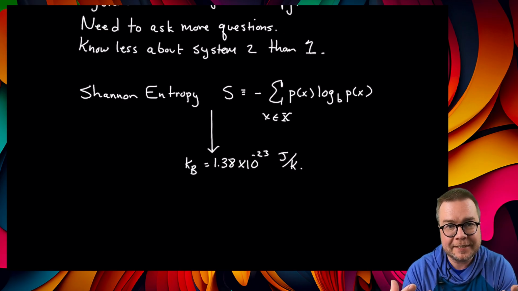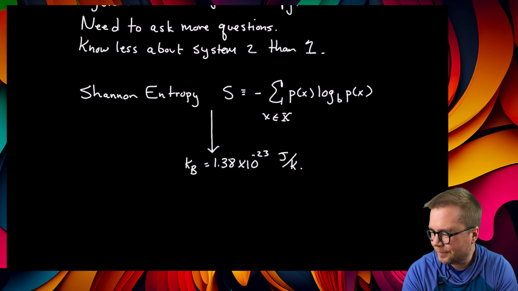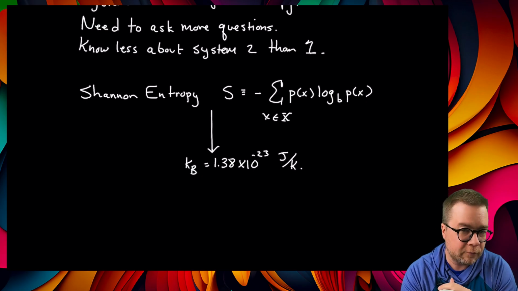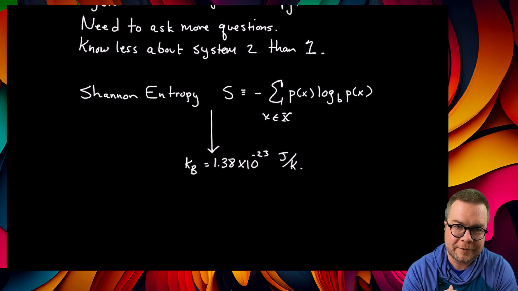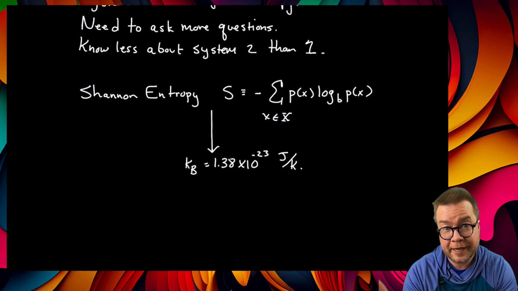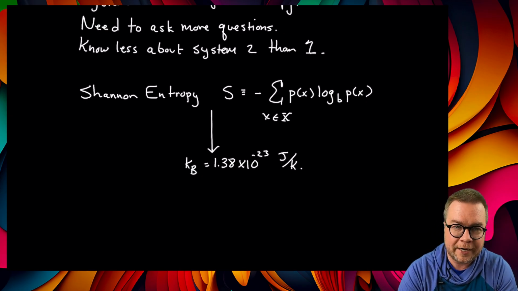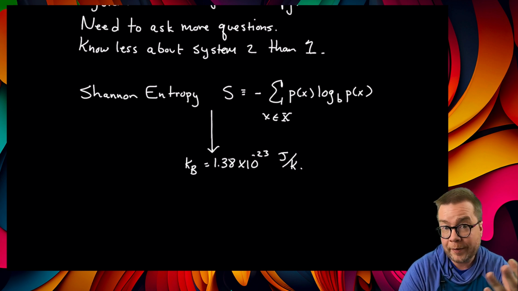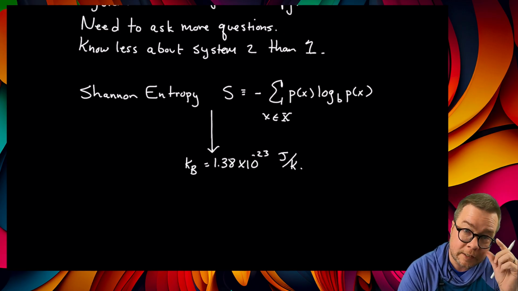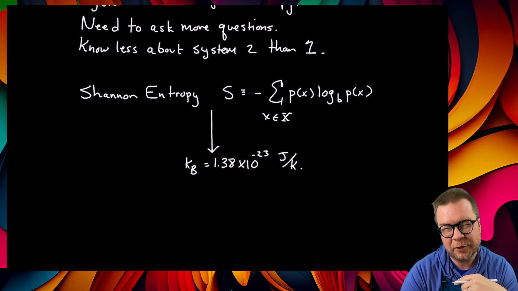And in some sense, this is an unlucky choice. Maybe not unlucky, but it's the result of the units that we're using, the result of the SI units that we use. So if we were an alien species and we defined energy and absolute temperature differently, then we would have a different value for this proportionality constant. Or maybe we would choose things where these things are all 1 and that constant would go away like it does in the Shannon entropy. I'm kind of getting into the weeds here.